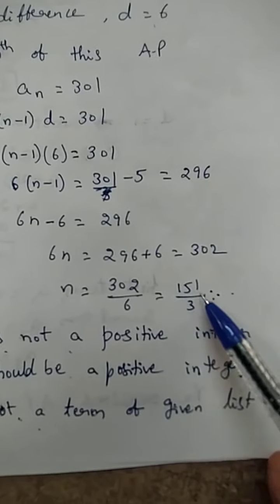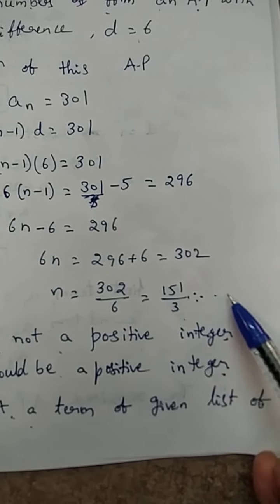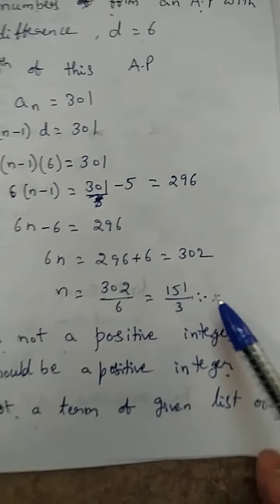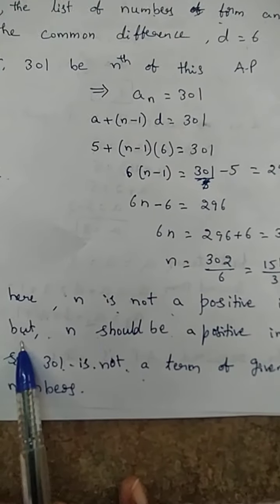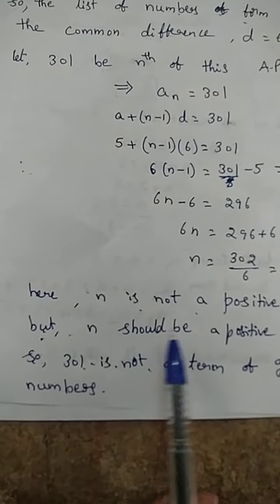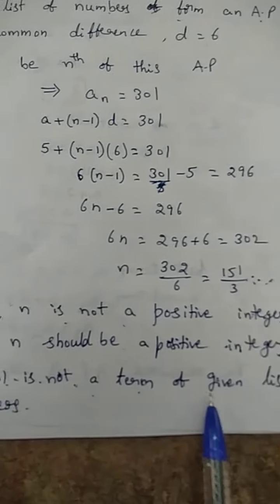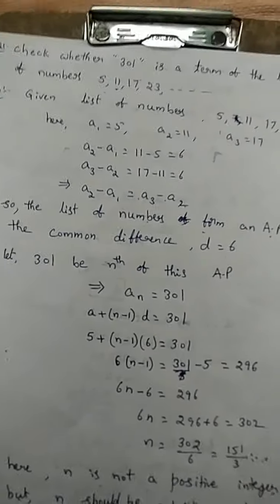But 151 by 3 is not simplified as a positive integer, so it is a decimal. Here n is not a positive integer, but n compulsorily should be a positive integer. So 301 is not a term of the given list of numbers. Okay, these are the problems.